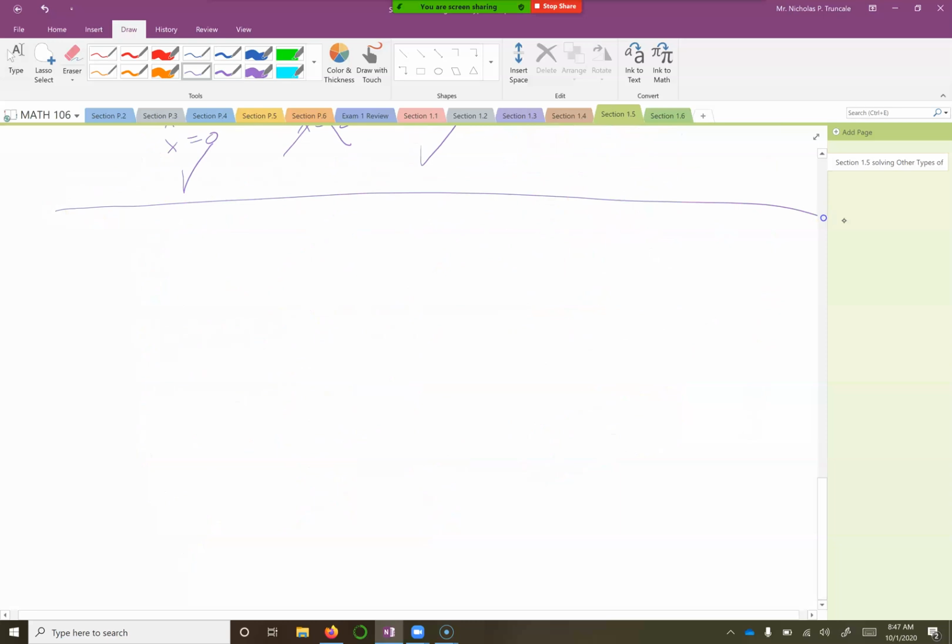All right, so the first thing we'll do, let's do another rational expression equation. Again, these are ones where you have variables in the denominator. So here's another one. I'm going to change the color here. We're going to have 1 over x plus 2 over x plus 1 plus 3 over x plus 2 equals 0.